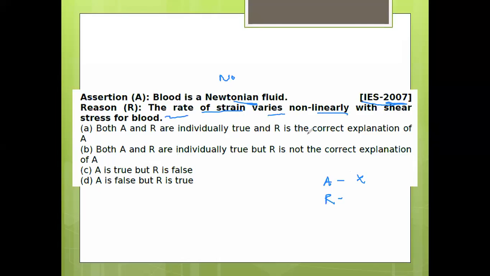Whether this reason is correct or wrong? The rate of strain varies non-linearly, meaning not in a straight line. It is moving like this. This is the condition for non-Newtonian fluid, right? So blood is a non-Newtonian fluid. So is this statement right or wrong?